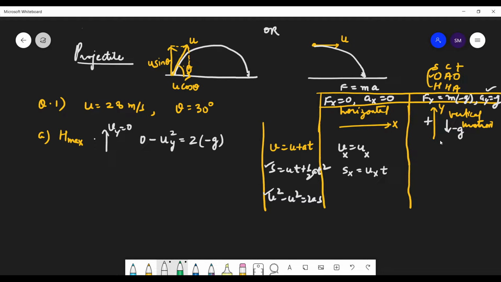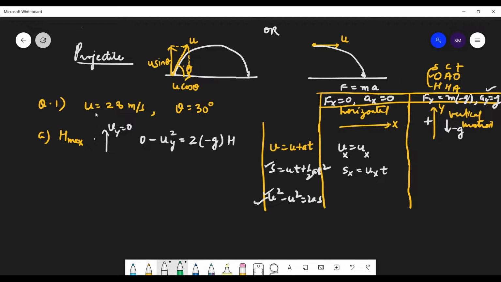So we are talking about this vertical motion, and I'm writing this equation. And what is this s? s is your maximum height.